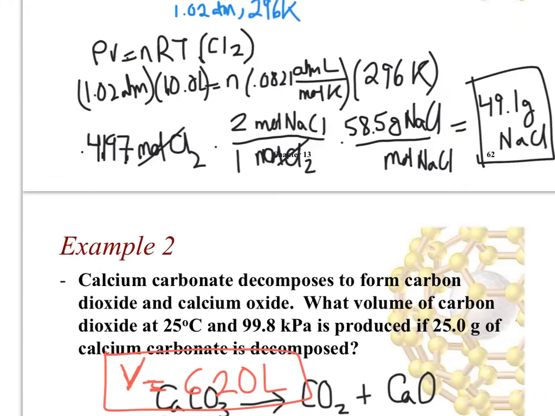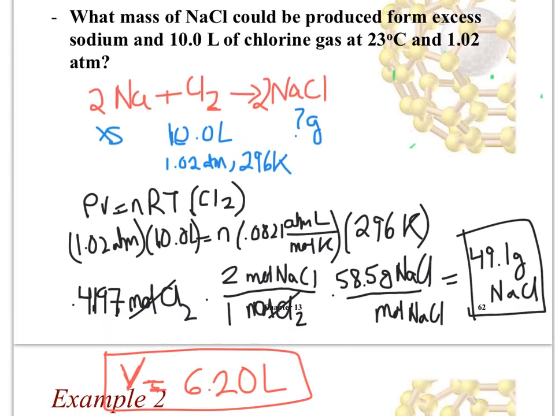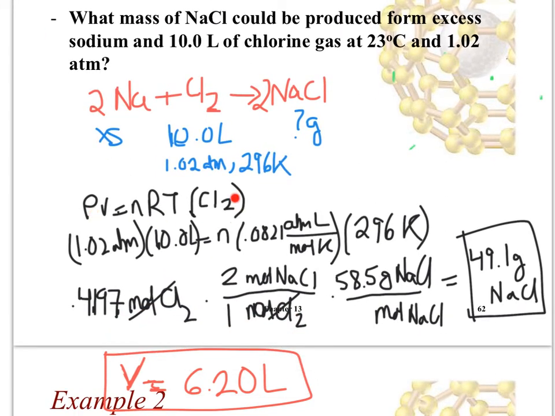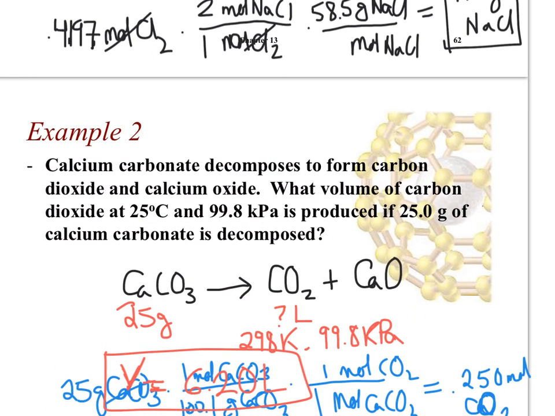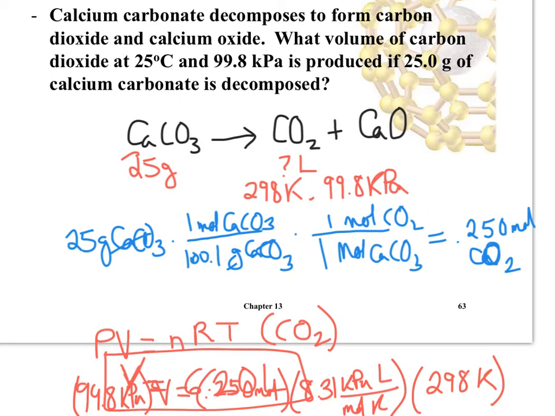If you look at example 1, I used PV equals nRT first, and then after that I did stoichiometry. But the link here, again, is the moles. So you either do PV equals nRT to find the moles of a gas, then you use stoichiometry, or here we use stoichiometry to find the moles of a gas, and then we plug it into PV equals nRT.